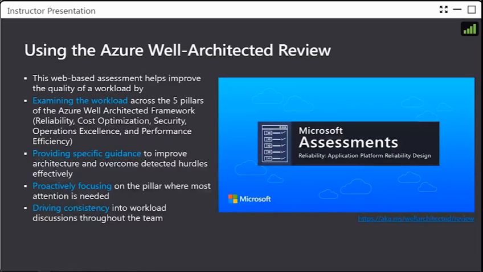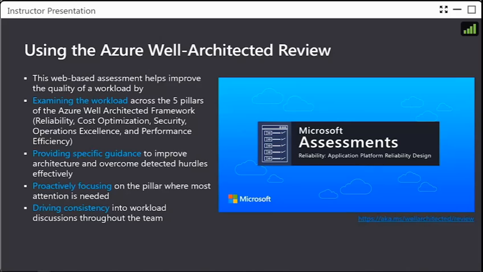It has a series of questions across those 5 pillars of the Well-Architected Framework and responses to the questions, and evaluates key items needing attention for a successful workload deployment and management. Now, the results of the assessment give you actionable steps to consider implementing to improve the quality of the workload. That's going to help you overcome your hurdles effectively and build your workload with confidence.